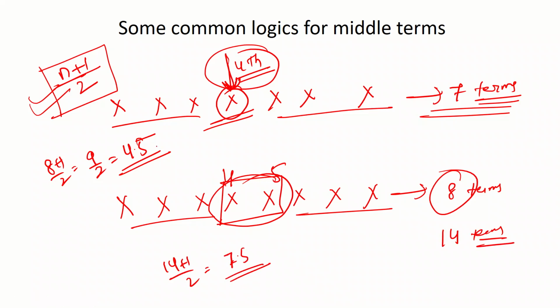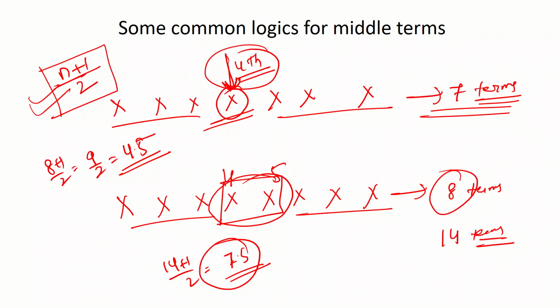So remember this formula, n plus 1 by 2. If it is giving you just one single integer value, that is your middle term. And if it is giving you something like 4.5, 5.5, 8.5, 9.5, that means there are 2 middle terms, halfway here and halfway here. So if it is 7.5, it is 7 and 8. The 7th and 8th terms are my middle terms. It's just minus half and plus half.